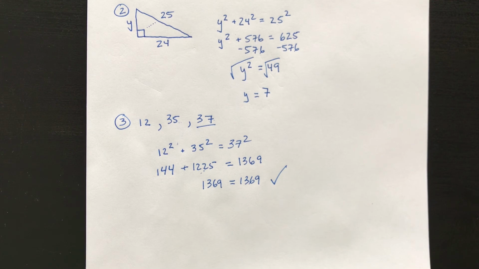So like 3, 4, 5. If you test the numbers 3, 4, and 5, where 5 is the hypotenuse, that is a Pythagorean triple. So is 6, 8, 10. So is, I think, 8, 15, 17. But you can test them out.